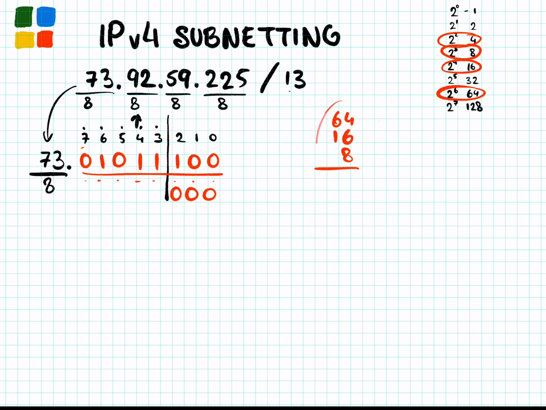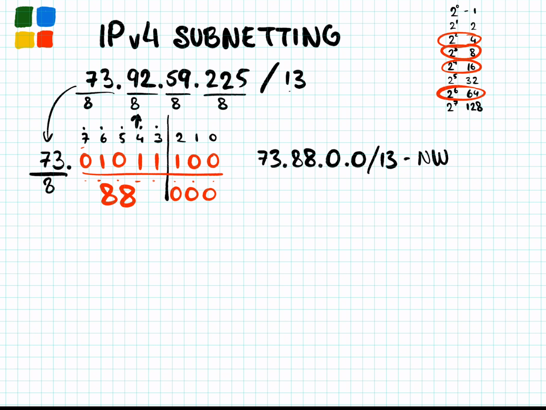So we're taking only these numbers and we have 88. And this is what this portion is. So if the task is to show the network address, your network address would be 73.88. Everything else would become 0, so 73.88.0.0. This is the network address.